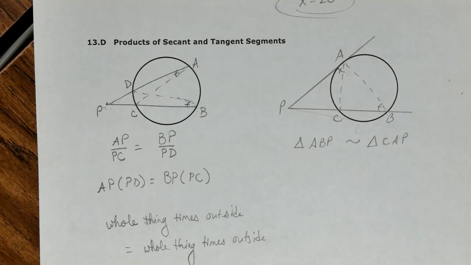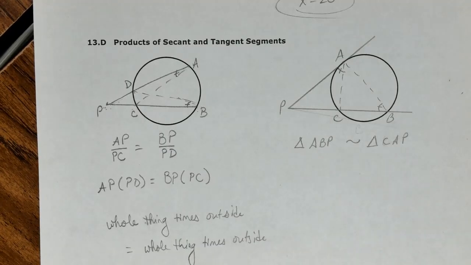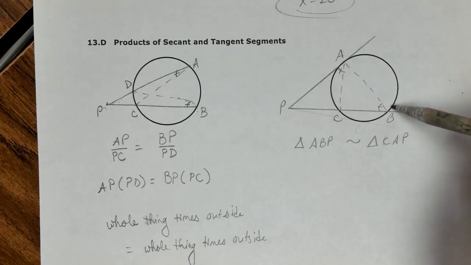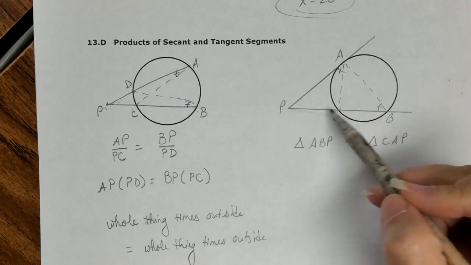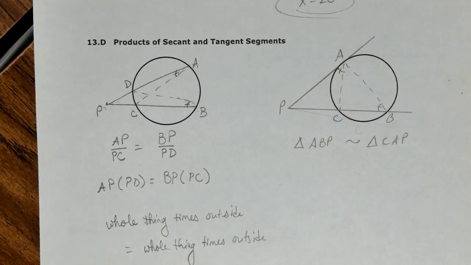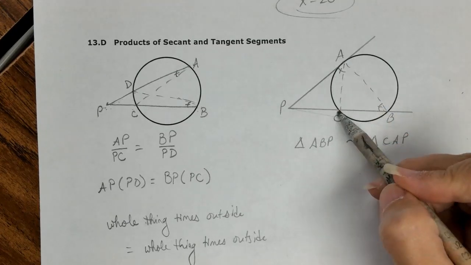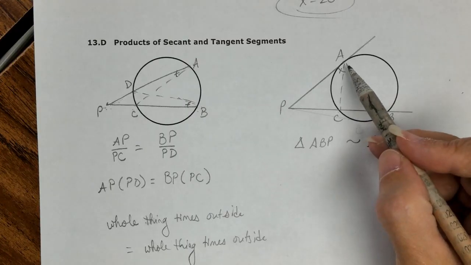It makes a few different triangles. I've written down the ones we're focusing on. Okay, so we have triangle ABP, that whole big triangle, and then triangle CAP, this one in here. I also already labeled that angle B out here, since it's intercepting AC, and this angle A is intercepting AC.